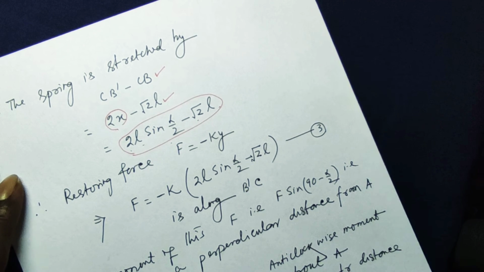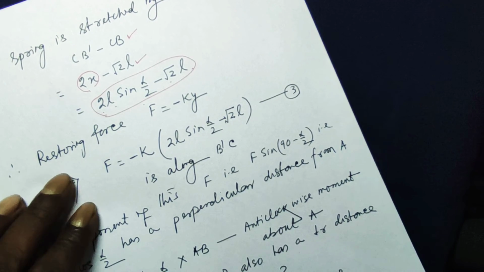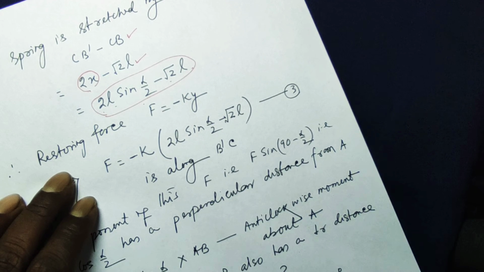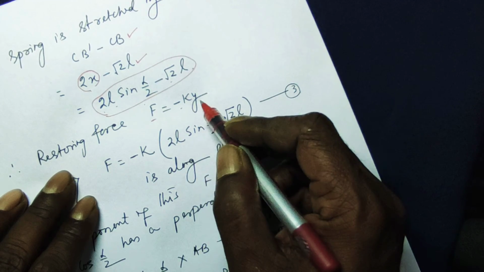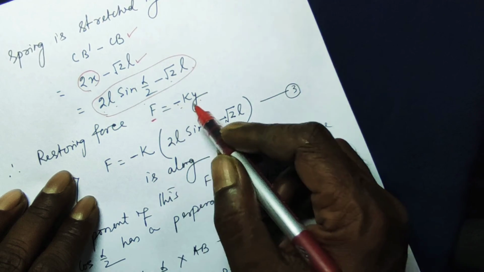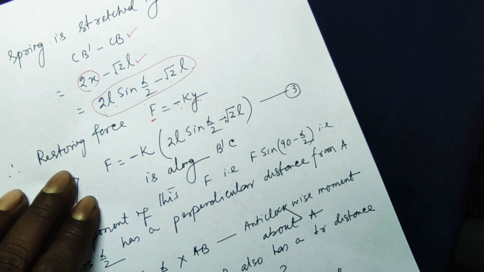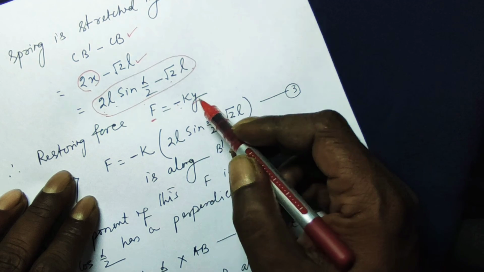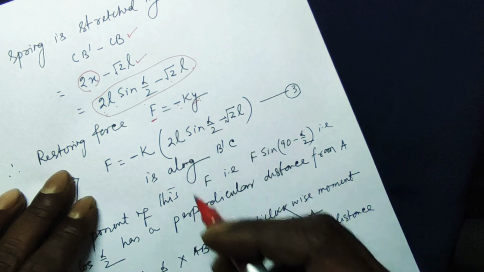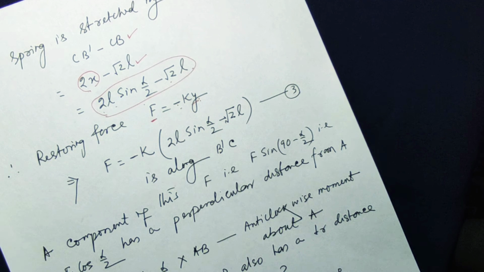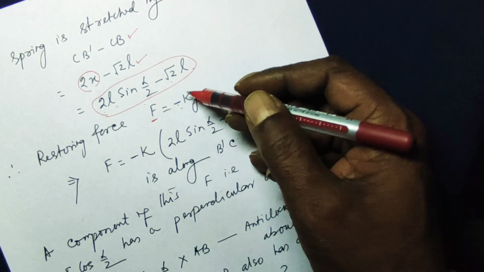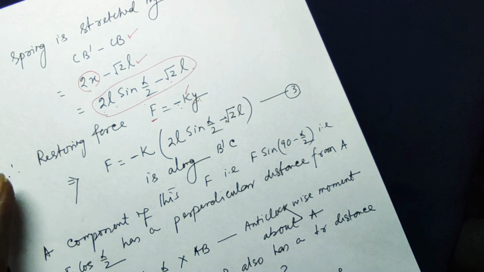And as you know, in your school days or college days, when a spring is stretched, there is a restoring force F given as minus ky. This negative sign only indicates F and y are opposite to each other. More is the value of y, more is the F. If you stretch a spring more, the restoring force developed will be more, k being a constant for that particular spring.